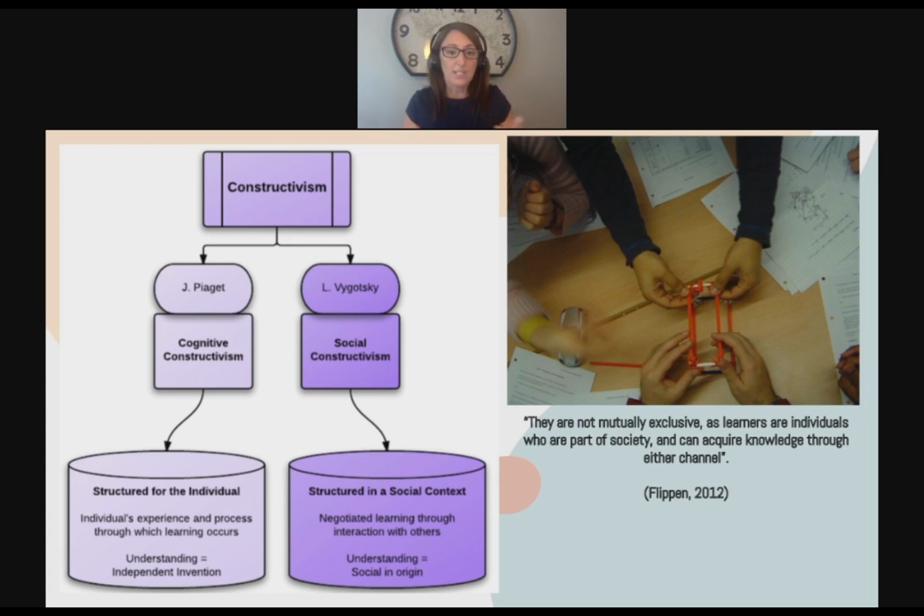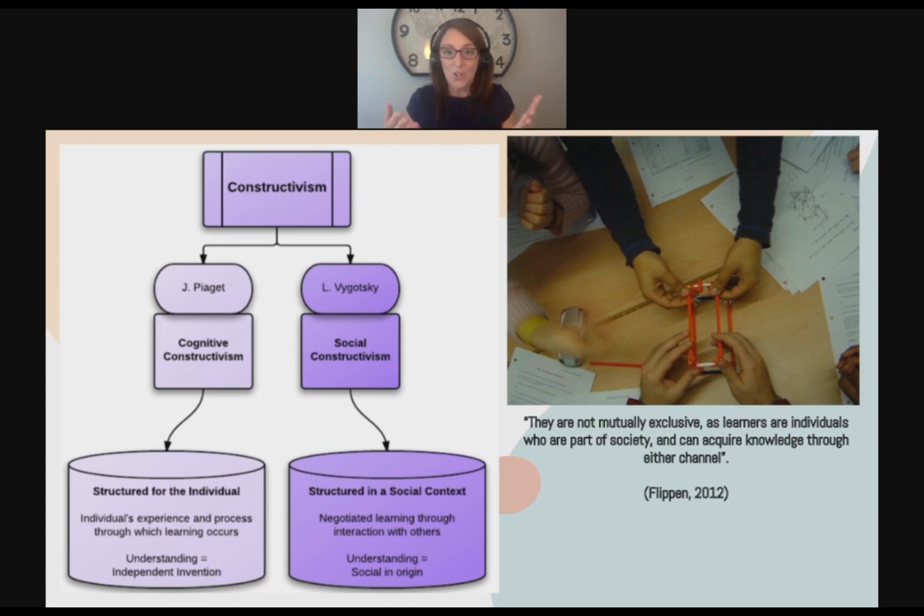Jean Piaget saying, okay, that we're learning by doing, right? By engaging in something, and we're constructing that knowledge ourselves. Lev Vygotsky saying, yes, well, no, we're learning because we're engaging in dialogue and discussion and reflection in a social context, right? And I love this quote that says that these are not mutually exclusive. So as learners who are part of a society, we can acquire knowledge through either channel.